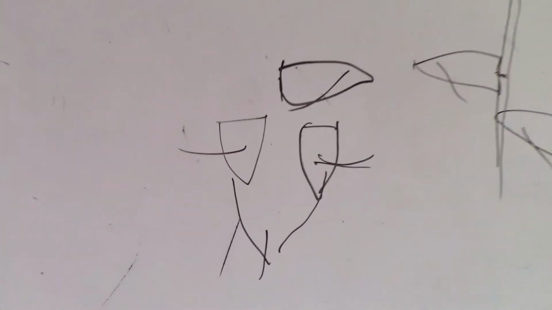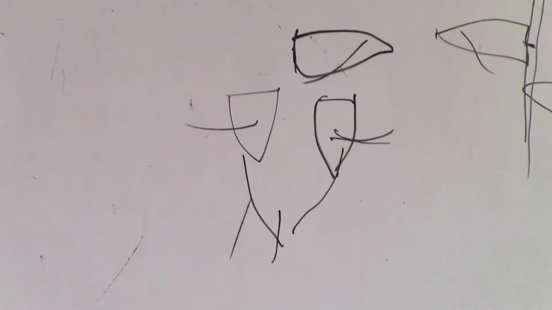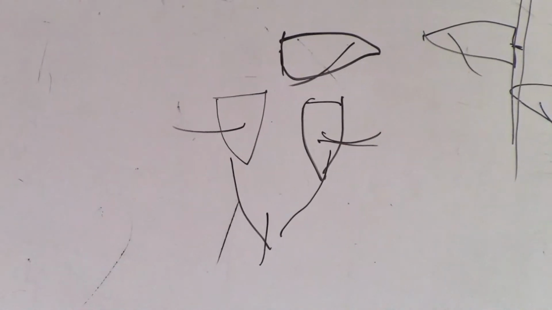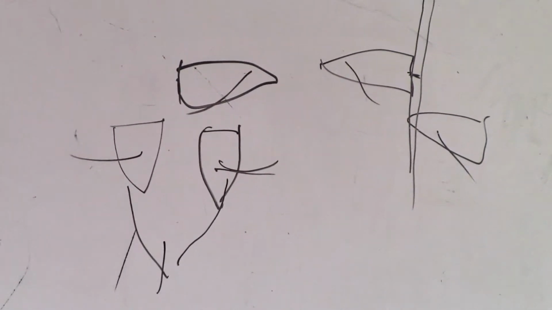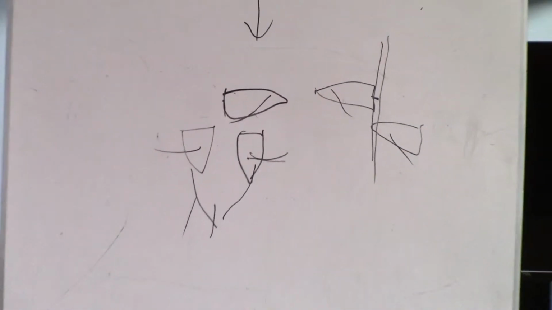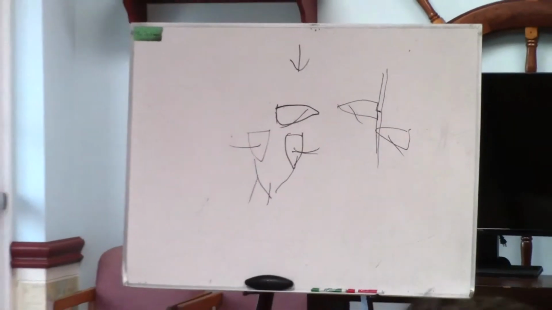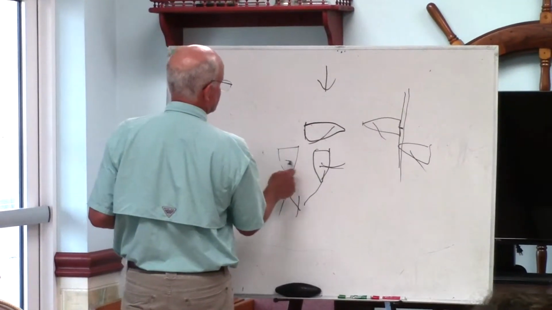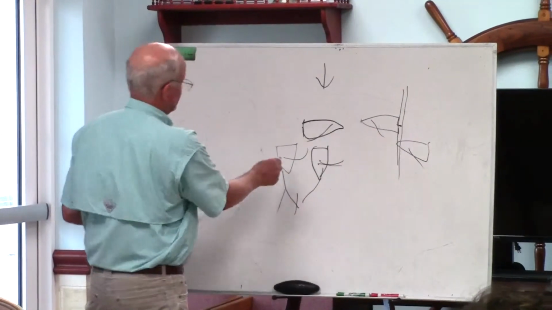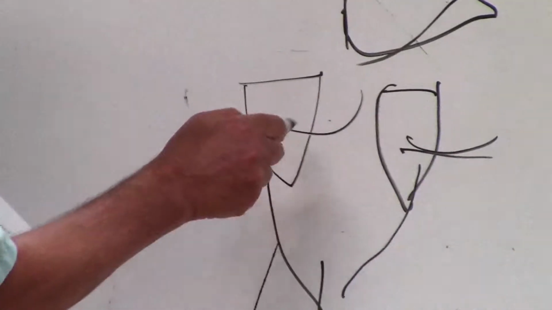All right, so the next rule: when boats are overlapped, the windward boat has to stay clear of the leeward boat, which again is pretty clear if you're going upwind. But if you're going downwind, in the case of this one, we can sail out that way. This is now the windward boat.